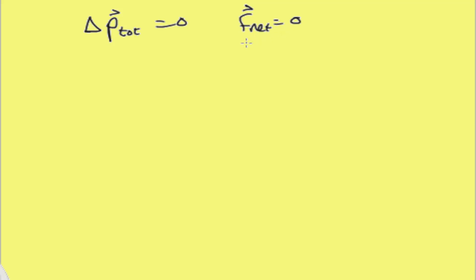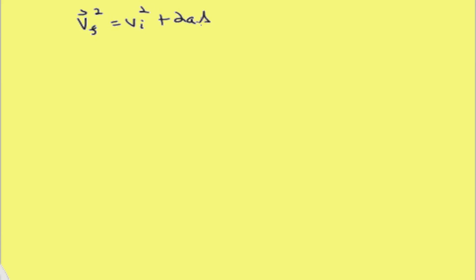Now we can move forward and look at a different kinematic equation. We're still going to have the net force on the object equal to 0, but we're going to be looking at this kinematic equation. As we've said before, the acceleration will be equal to 0 because the net force is 0, so we're just left with the final velocity squared and the initial velocity squared.